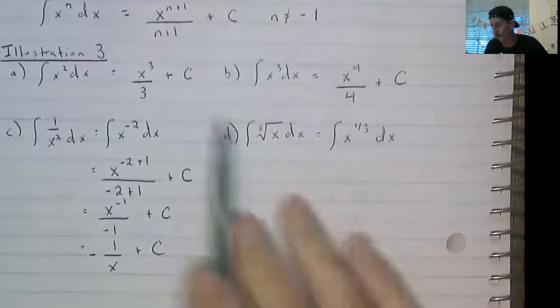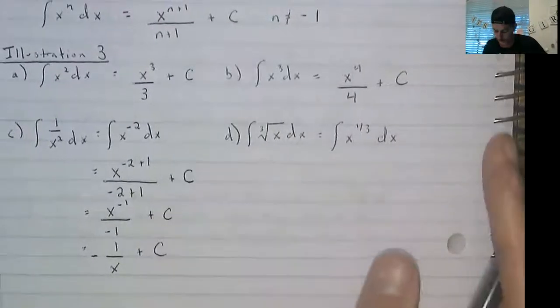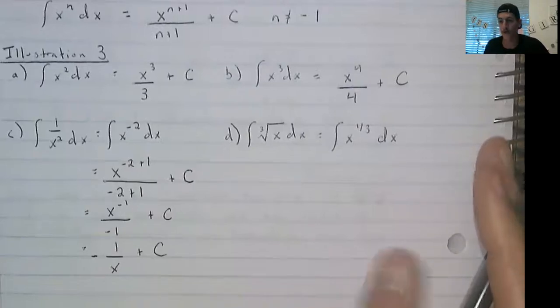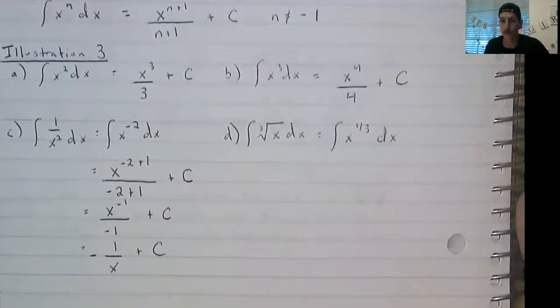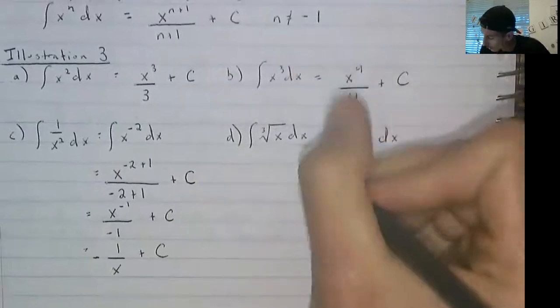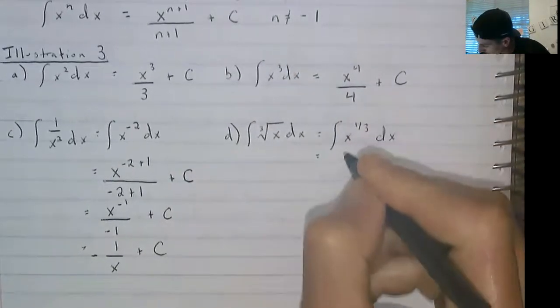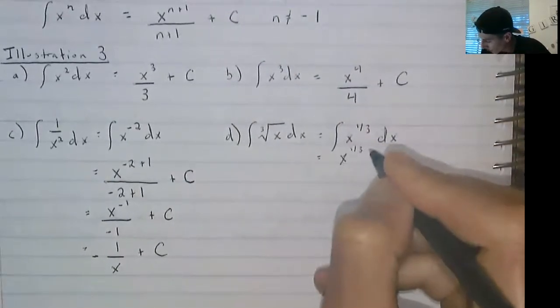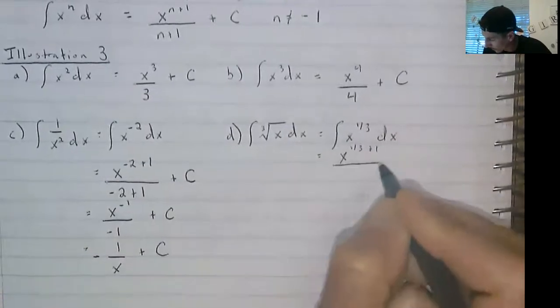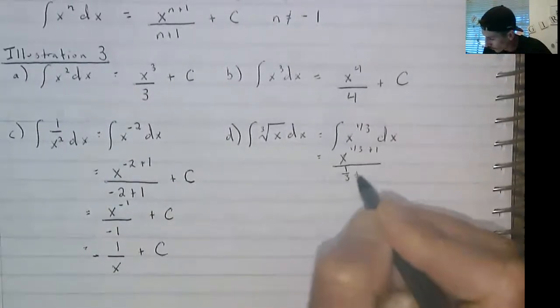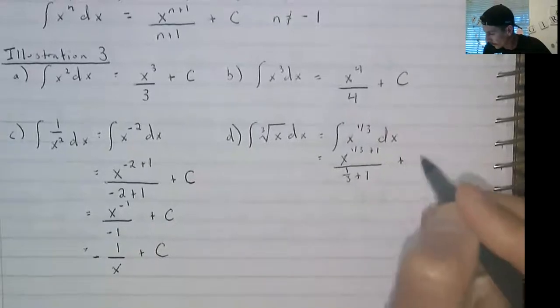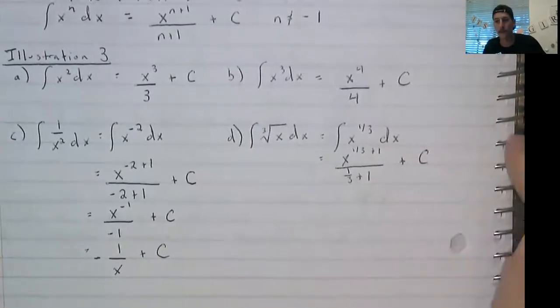And now, same thing, you can just apply this theorem. And yes, it's going to require you to add fractions, which I know is a terrifying prospect, but I promise you can do it. This becomes x to the 1/3. We're adding 1 to that exponent. And then down here, we're taking 1/3 and adding 1. And not forgetting that constant as we go.